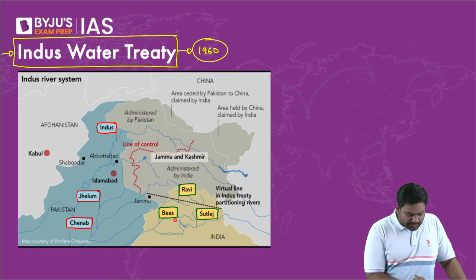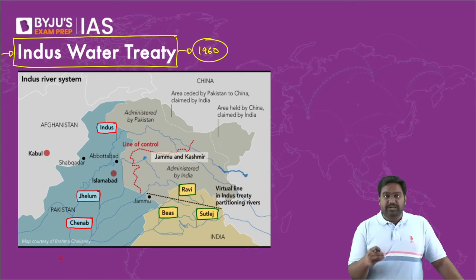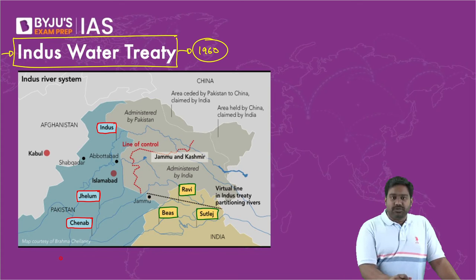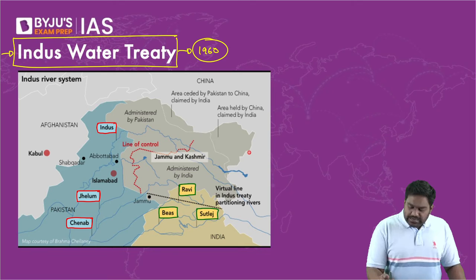These are the six primary rivers of the Indus basin. Right? Most of them originate in Tibet, in the Himalayan ranges. They flow through Ladakh, Jammu and Kashmir, Himachal Pradesh, Punjab and Haryana on the Indian side, and then drain into Pakistan.